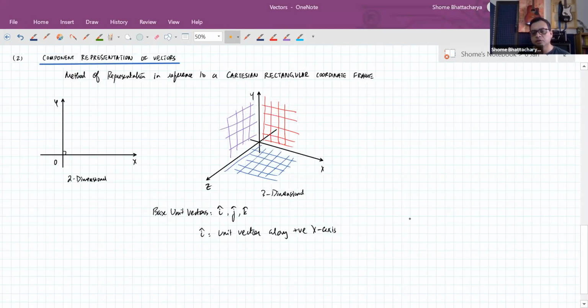So whenever we have a symbol with a cap, it stands for a unit vector. That means the magnitude of that vector is unity, whereas this is a vector whose magnitude could be any value.